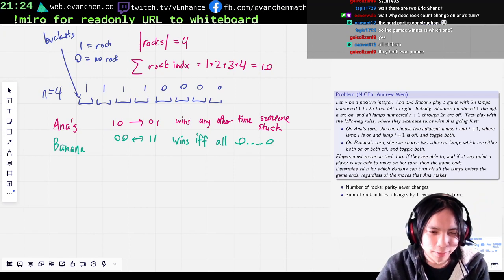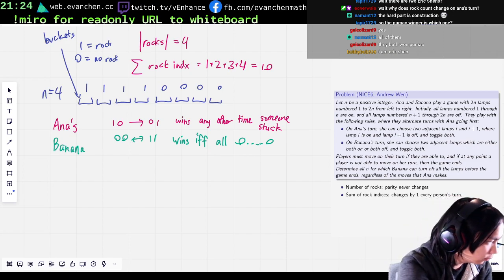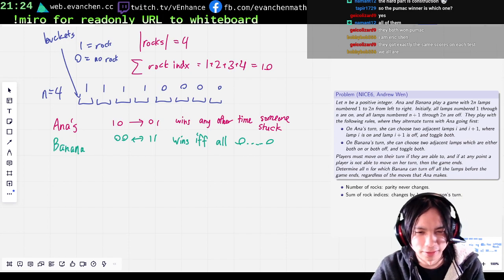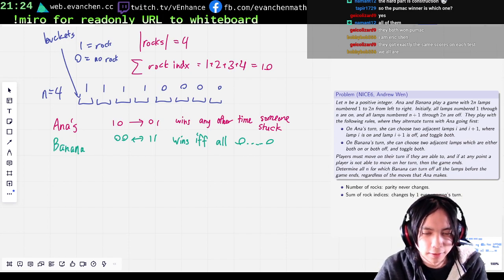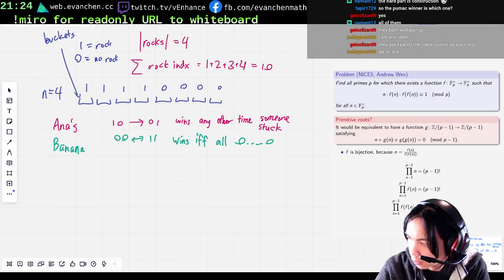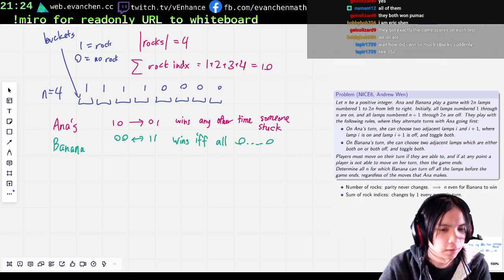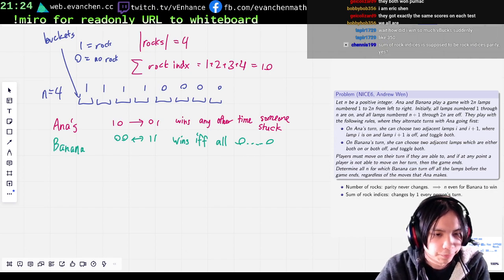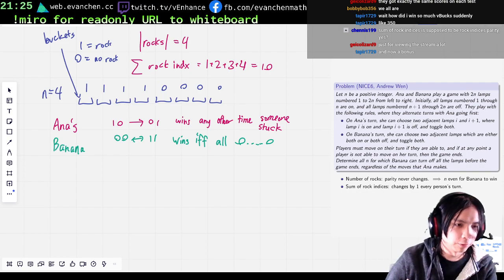So this already implies that n has to be even, because otherwise the number of rocks is always odd, and so there's no way Banana wins. As for the sum of rock indices, it changes by 1 every person's turn.